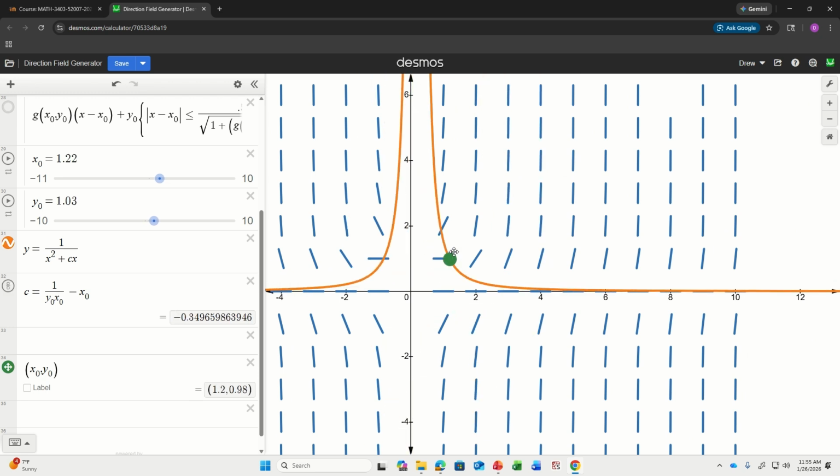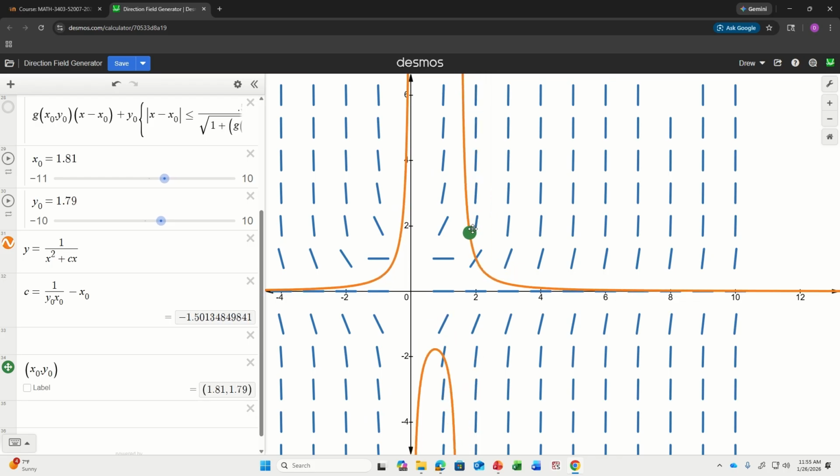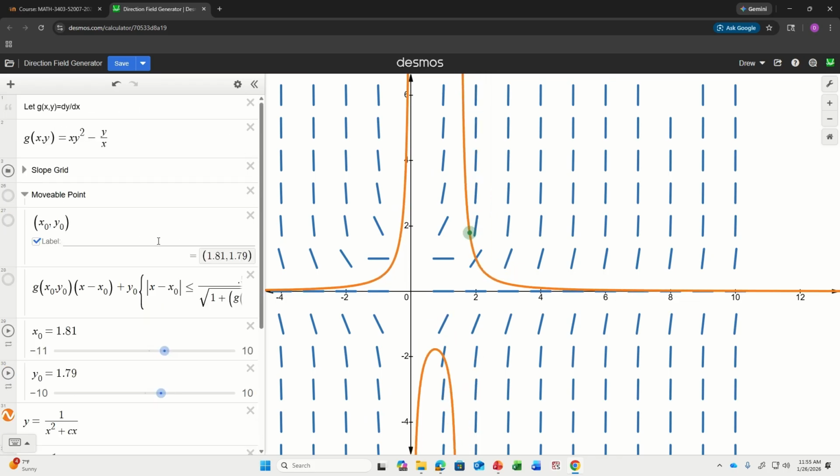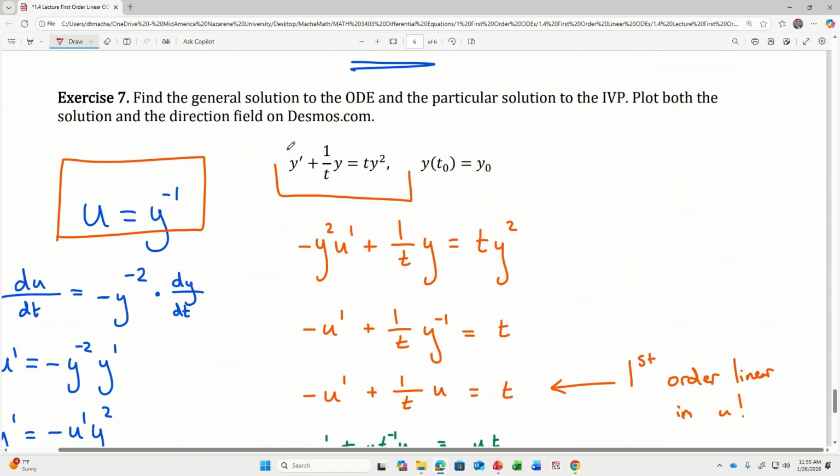Does it work? No, it doesn't. It's broken. So this is what it looks like to get the wrong answer, in Desmos. It actually tracks with my initial conditions, which I'm amazed by, but notice it doesn't go through the direction field. So the direction field should be x y squared minus y over x.